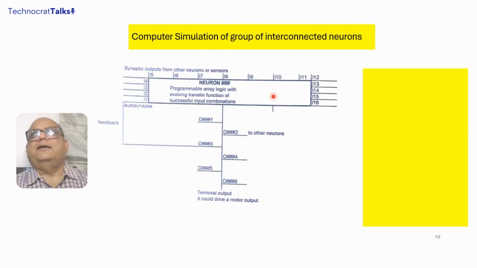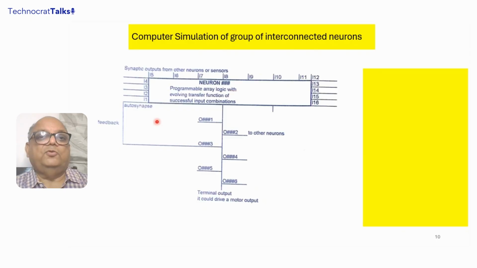Some years back, rather decades back, there used to be some devices in the market which were like ICs, like EPROMs, where one could interconnect various gates, AND gate, OR gate into a configuration and build programmable logic. So a neuron, in a nutshell, works like a kind of programmable array logic, where the sensitivity of whether this input being present will fire the output or not keeps on changing depending on learning. So that's the learning mechanism.